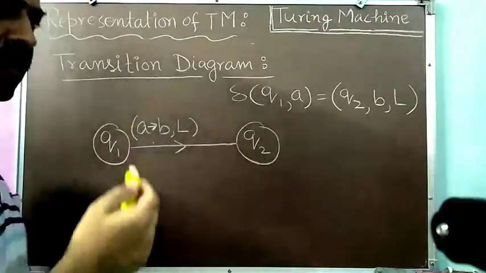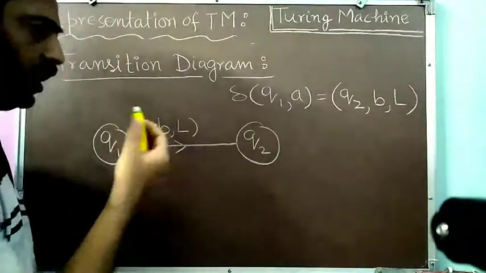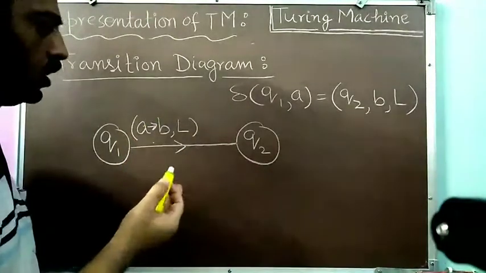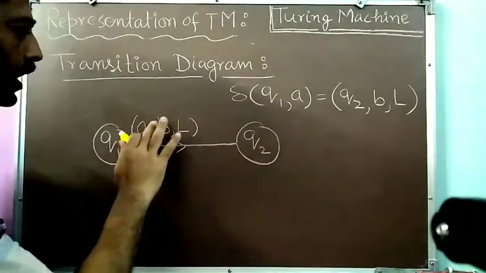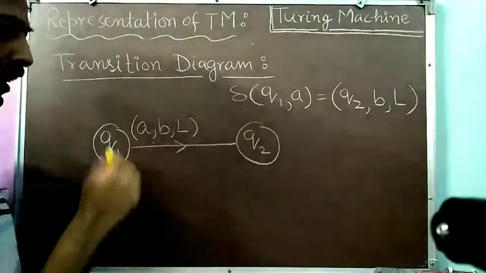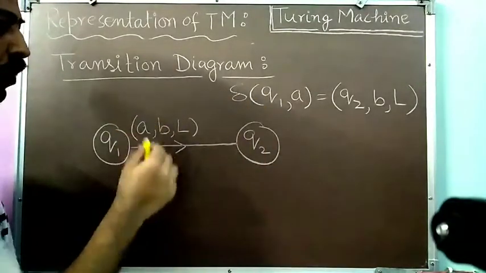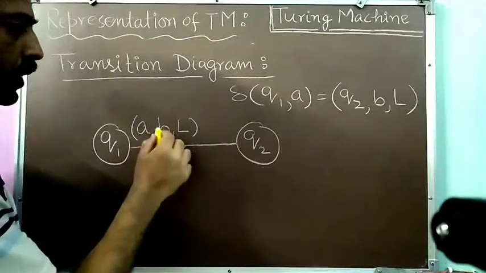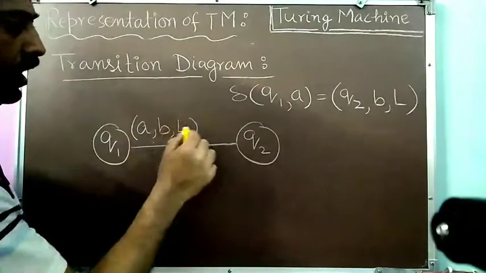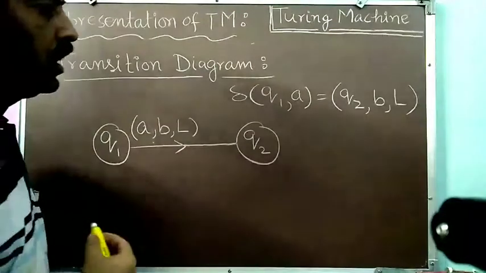Any of these labelings you can use. I prefer simply A comma B comma L. So in this triple, the first one is A, over which we have the transition, B is written in place of A, and the last shows the movement of the read-write head.